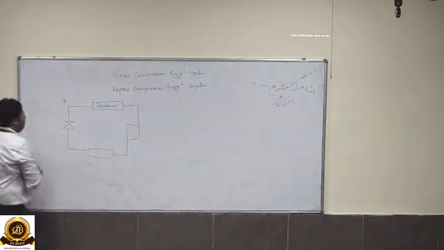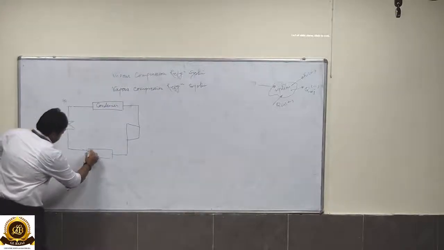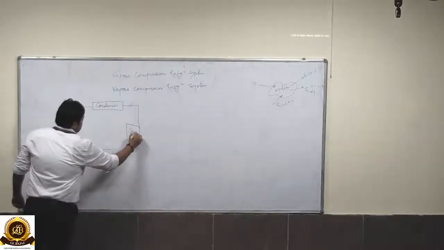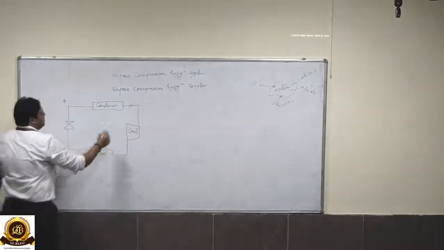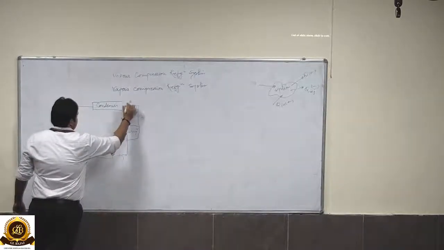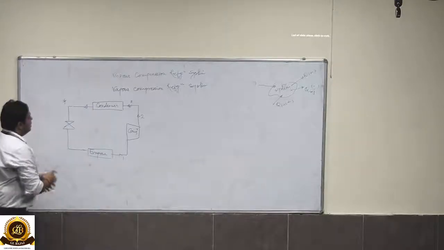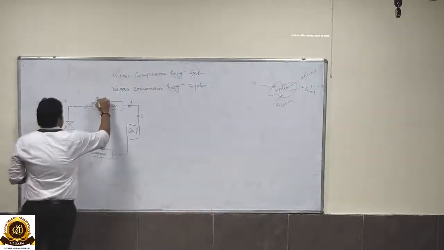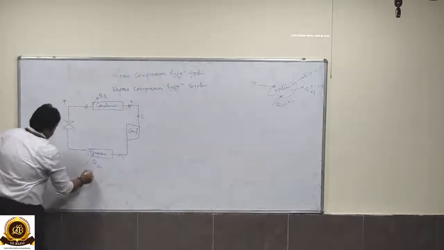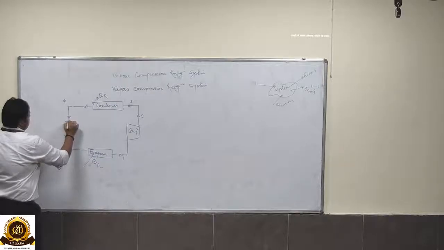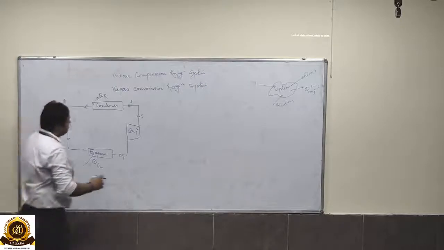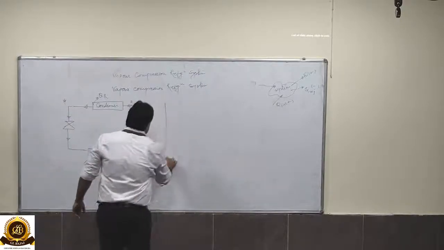All other components will be the same. There will be an evaporator, a compressor in which the isentropic compression takes place, a condenser in which the heat rejection takes place, and an expansion device. A throttling valve is being used in place of an expander over here. So what are the differences?